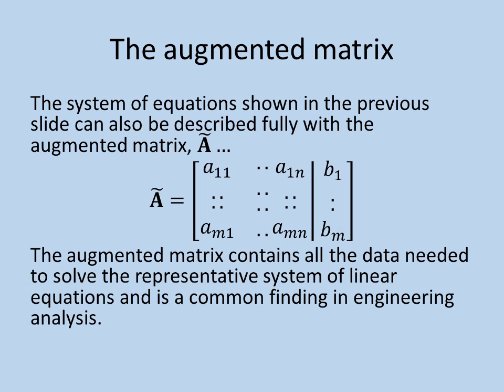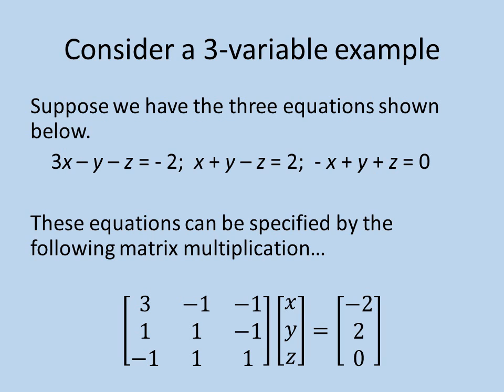In shorthand I don't always include it, but we usually include that vertical line and then the column vector b tagged on to the end, and then that would be called the augmented matrix. Here it's shown as A tilde, and the augmented matrix contains all the same data needed to solve the representative system of linear equations, and is a common way of writing this in shorthand in engineering analysis. So it's something I'd like you to get used to, the augmented matrix.